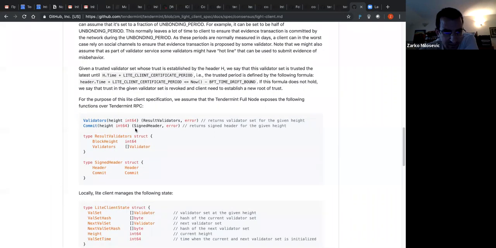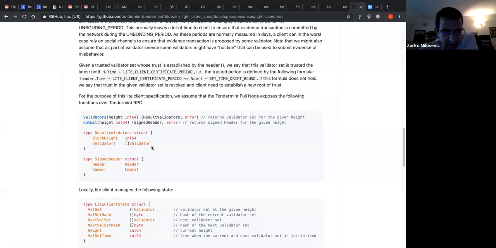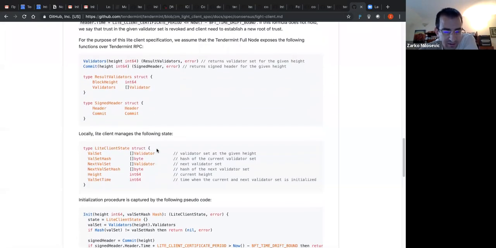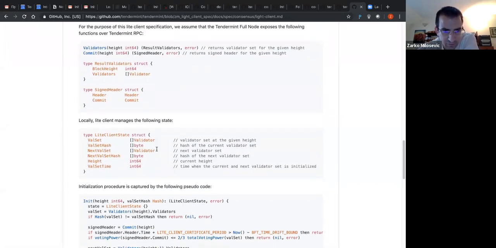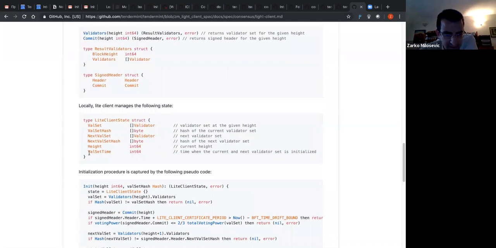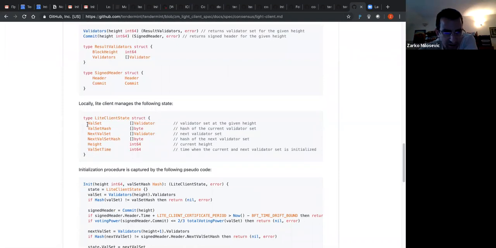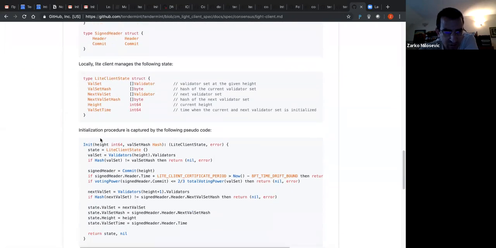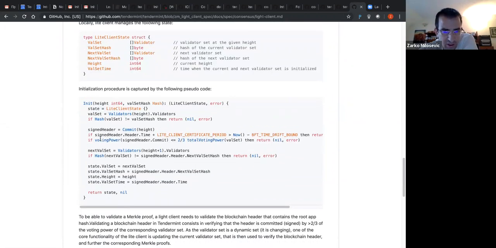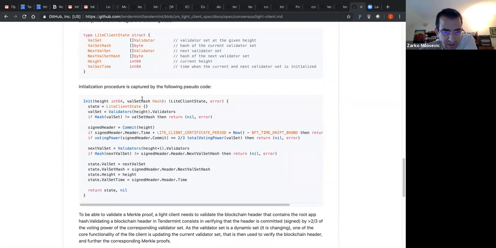You can see here how the return values look. Then I assume that the light client manages the following state, and here actually there is a mistake: there is only val set and val set hash, and not next val set. So please ignore this.